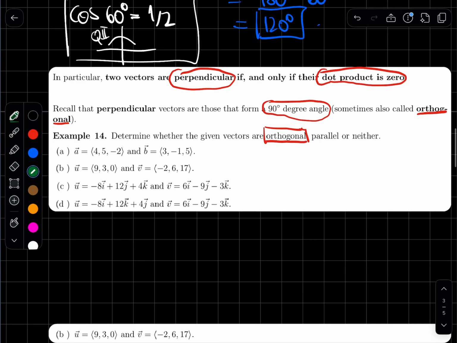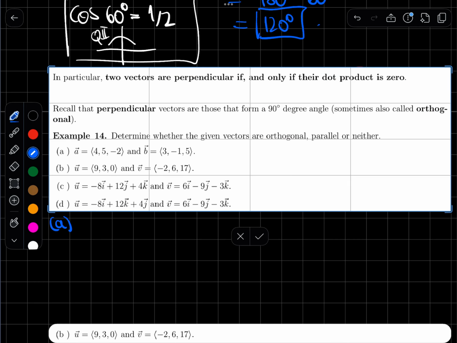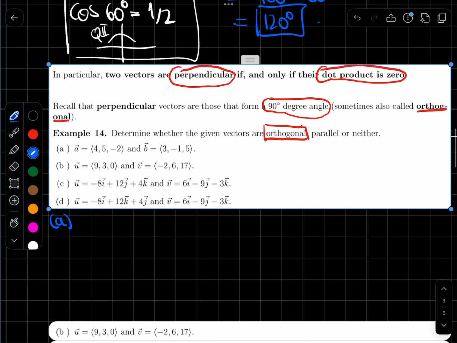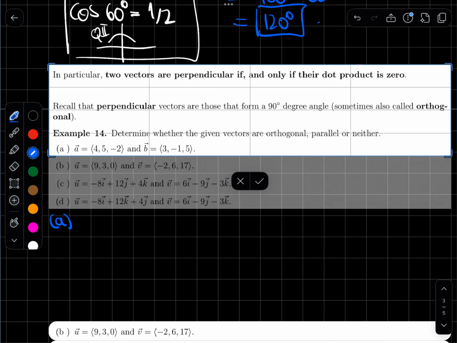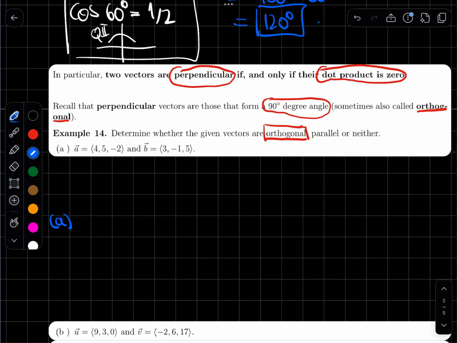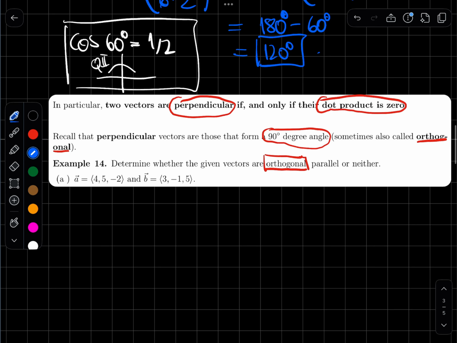All right, now let's use this to our advantage and try and solve for a here. Give myself a little more space. And find whether these vectors are orthogonal, parallel, or neither.